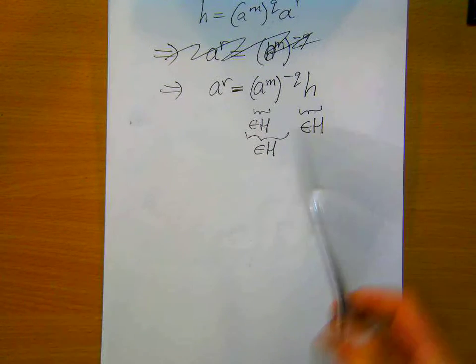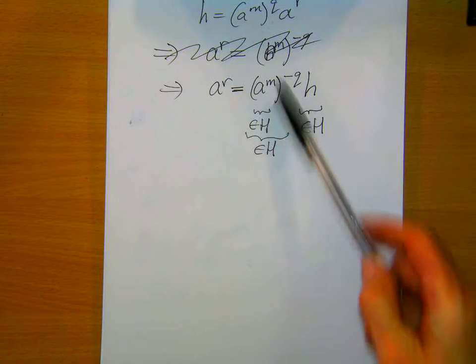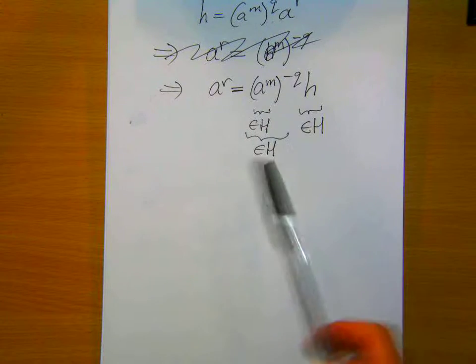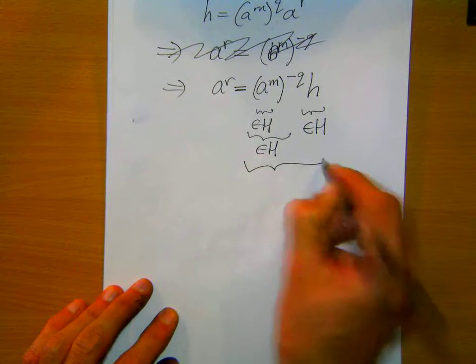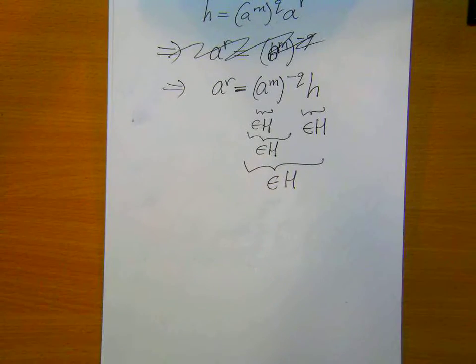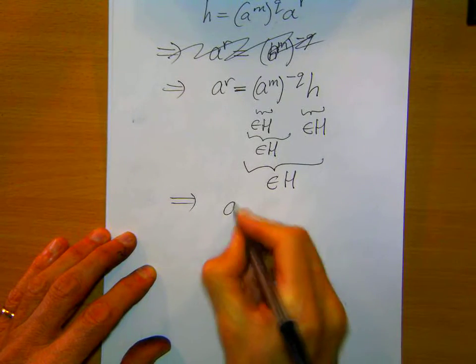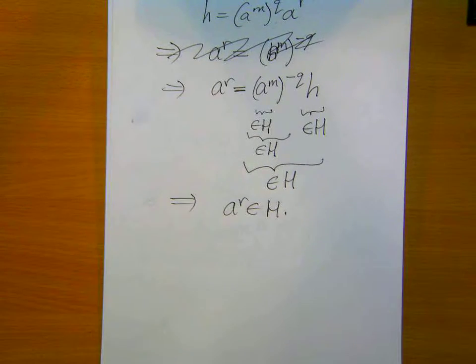But H is a group, so any power of an element of H is also in H. So then I've got something in H times something in H. This is not very elegant, but the result is that the right-hand side is in H.